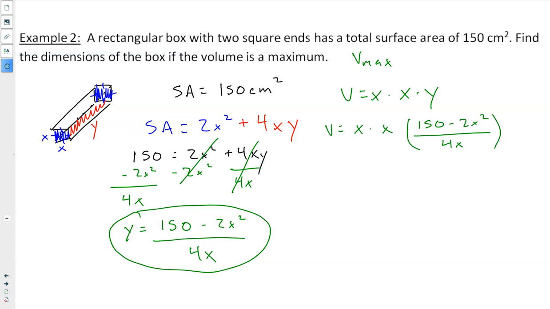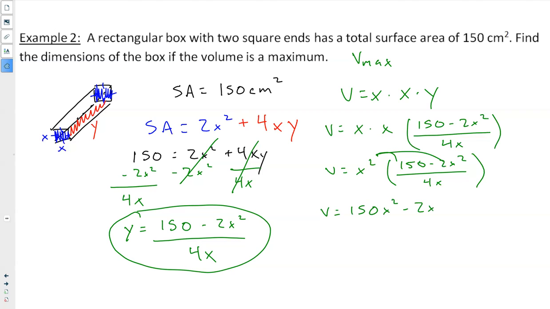Okay, we can simplify that a little bit. So volume is equal to x squared times 150 minus 2x squared divided by 4x. And let's go ahead and distribute that x squared in there. So we get 150x squared minus 2x to the 4th, divided by 4x. Okay, we can simplify this a little bit. We can factor out a 2x from the top. So let's do that.